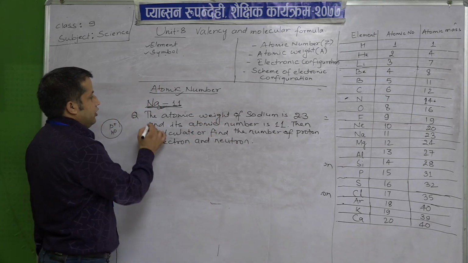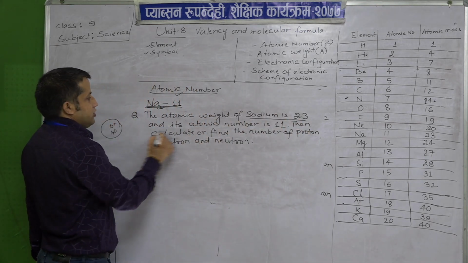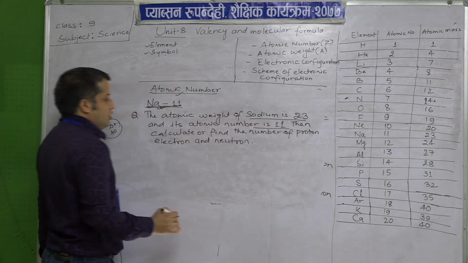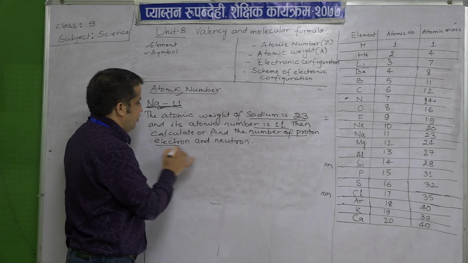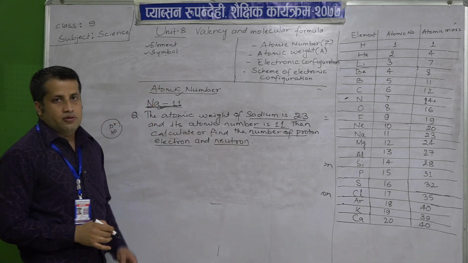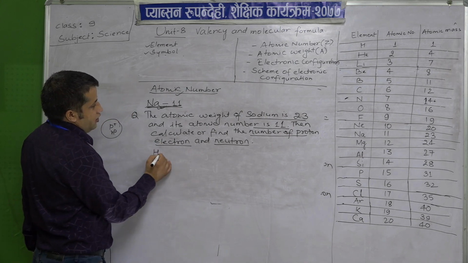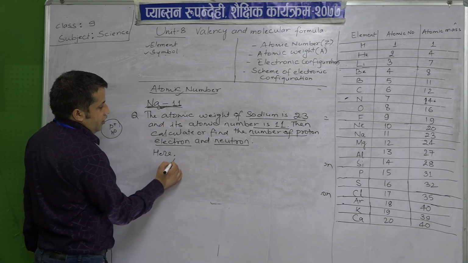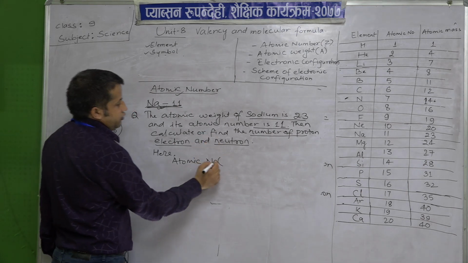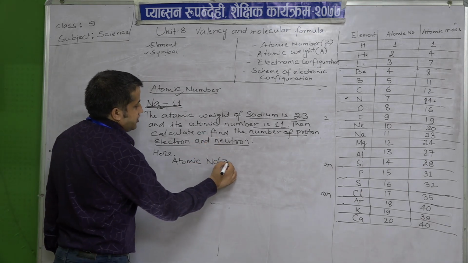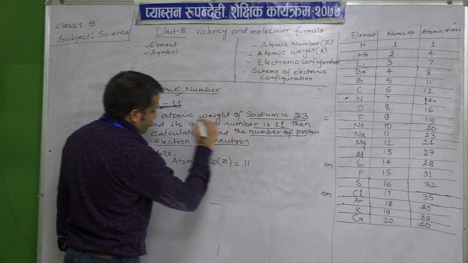Okay. Calculate. The atomic weight is here. What is given to us? Sodium. Atomic weight is given. Similarly, atomic number is provided to us, and what we have to find? We have to find the number of proton, number of electron and number of neutron. Okay. Now, here what is given to us? The atomic number is given. Atomic number, the symbol we write it as Z. Atomic number Z is given to us as 11.